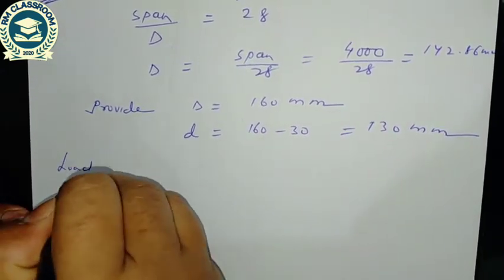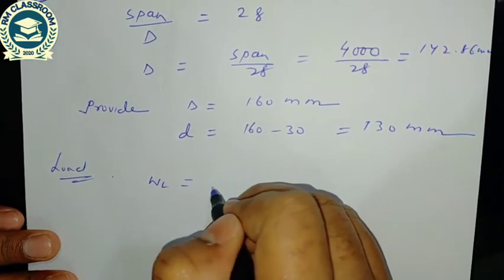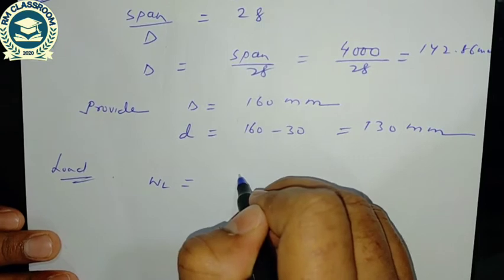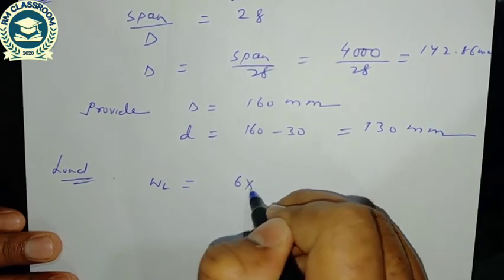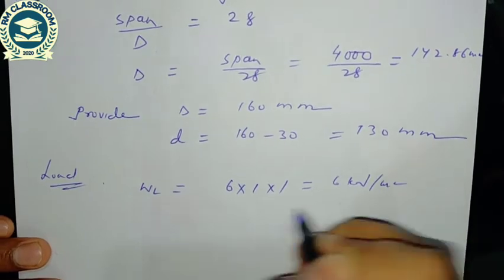Similarly, load can be computed. So live load is 6 into 1 into 1, so 6 kilonewton per meter square.